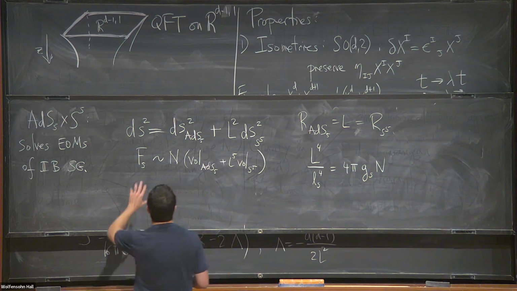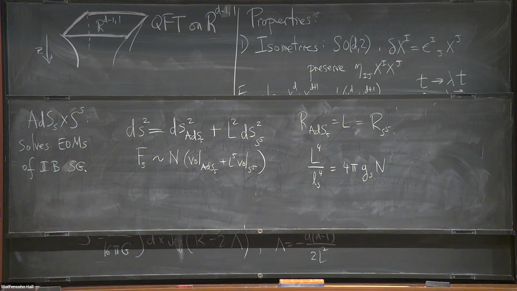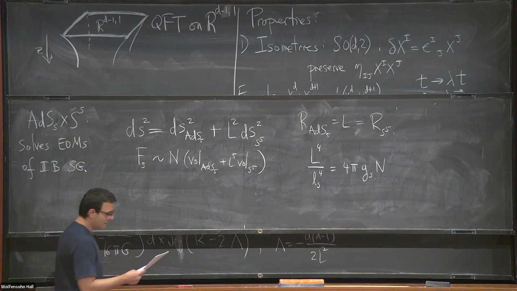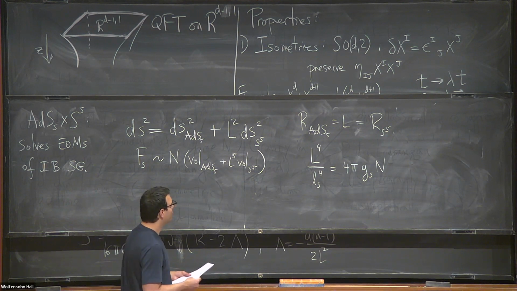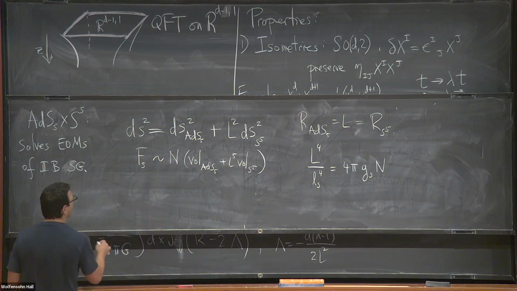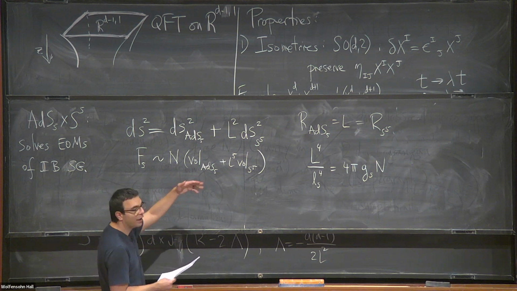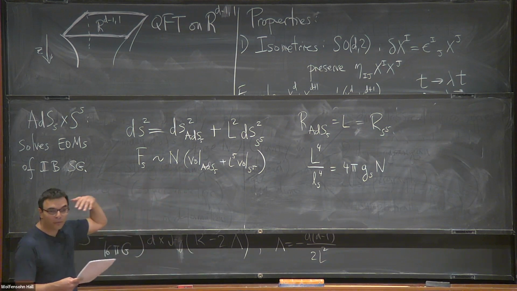From here, we can already see when gravity is a good approximation. For gravity with 2 derivatives to be a good approximation, what should happen? Curvature should be small. The radius of curvature of AdS is L, so for curvature to be small, L has to be large.